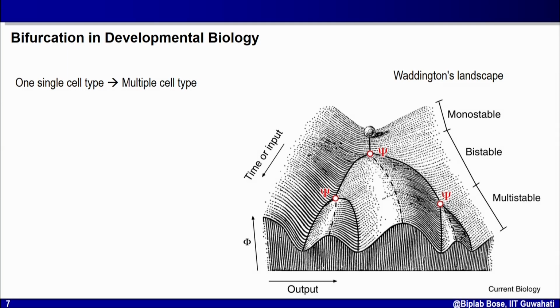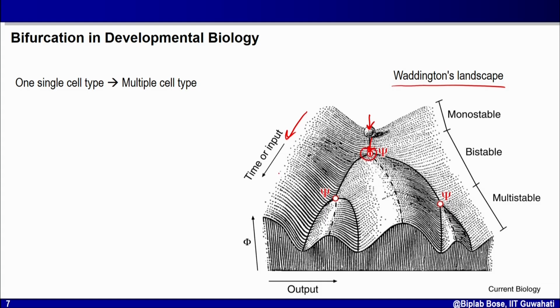Long back, Waddington proposed something called Waddington's epigenetic landscape. He used the metaphor of valleys and rivers. Imagine the whole space has valleys and hills. Initially the embryo may be somewhere here. Then as time progresses, different input signals come, and the cells move along this trajectory, just like they move on a phase plane, and they have only one stable steady state here.